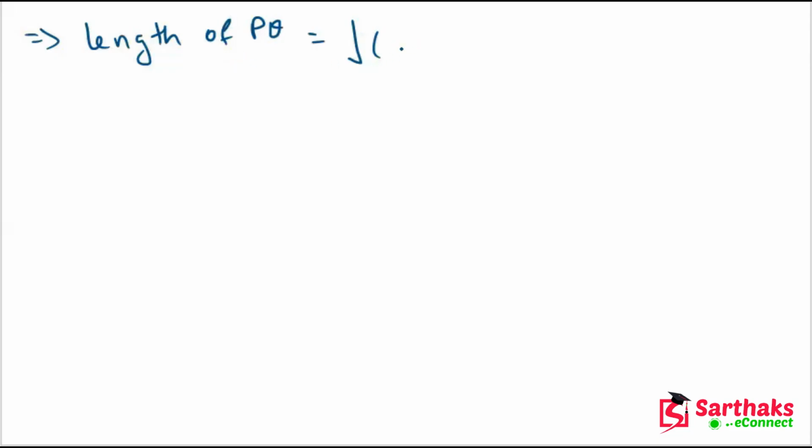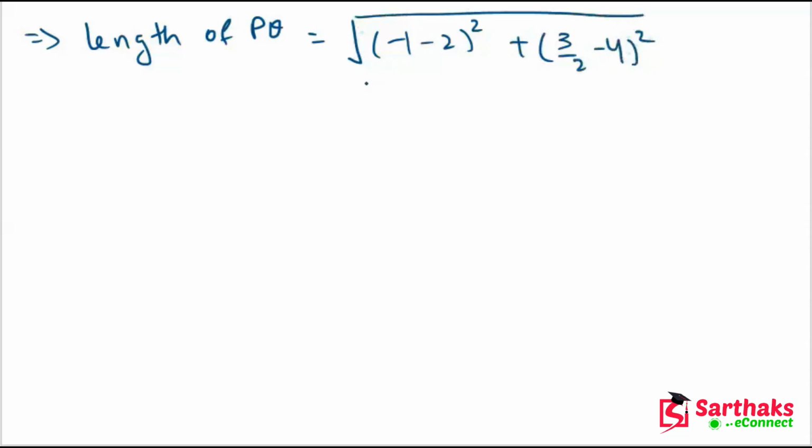So we get minus 1 minus 2 whole square plus 3 upon 2 minus 4 whole square, under root. After solving we get under root 61 upon 4, and the result is under root 61 divided by 2 units.